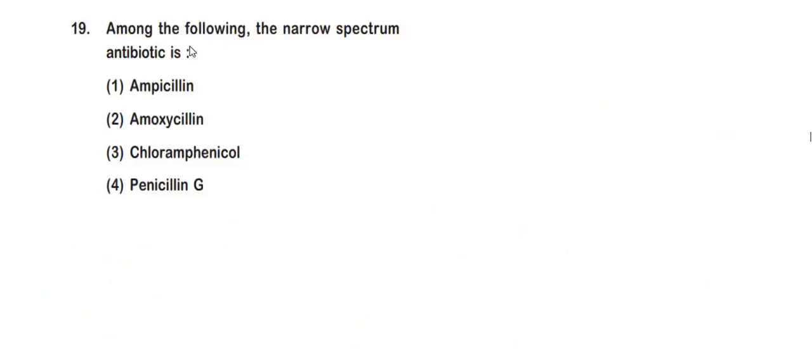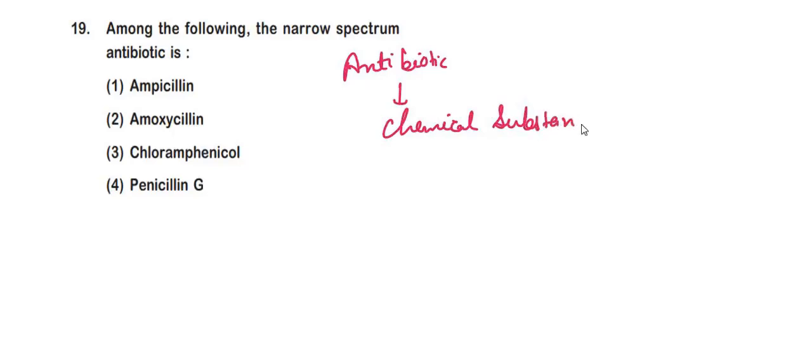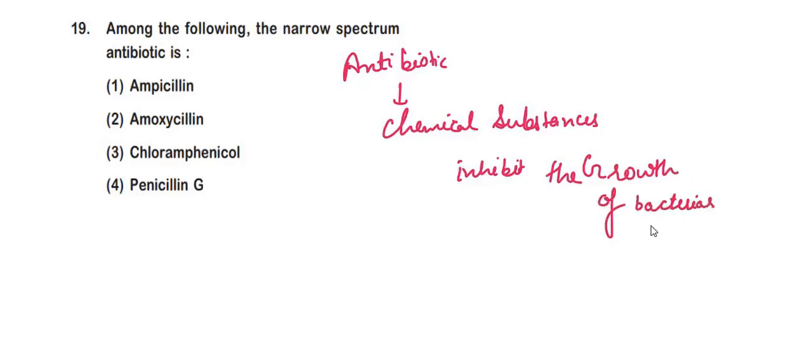The next question is, among the following, the narrow spectrum antibiotic is. Now what are these antibiotics? These antibiotics are the chemical substances that either inhibit the growth of microorganisms, bacteria or microorganisms you can say, or destroy them.